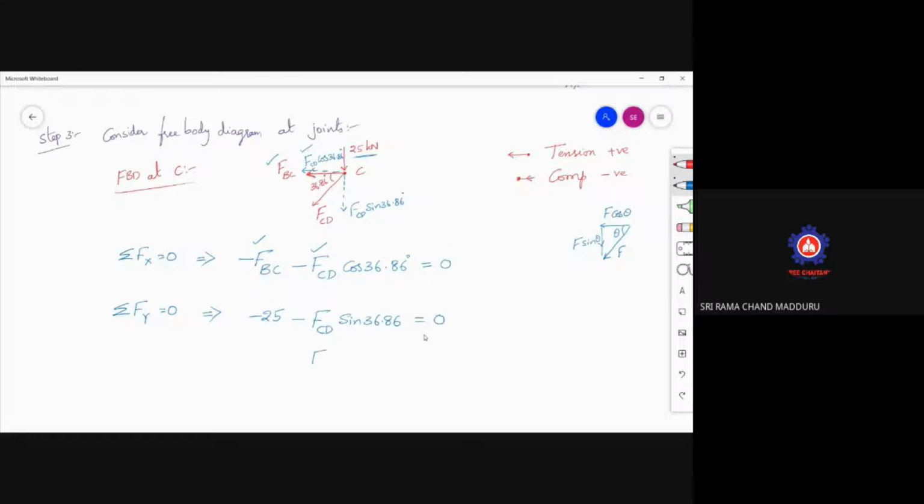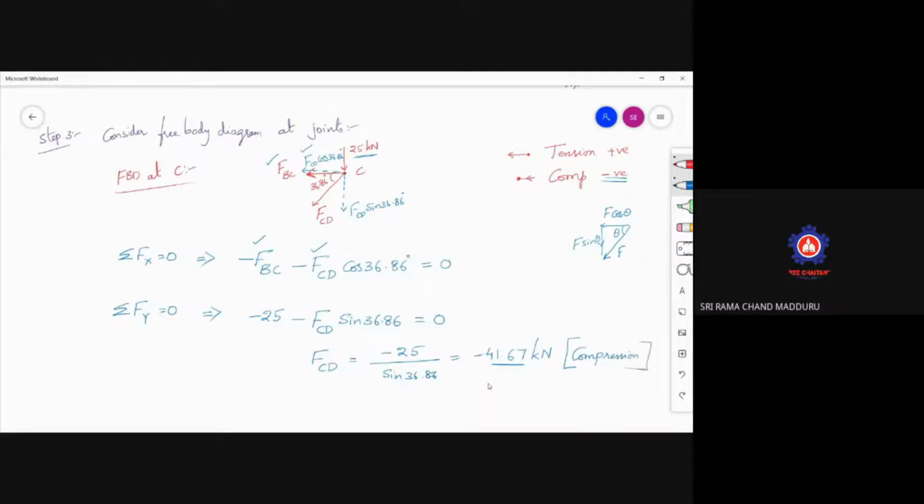So FCD is equal to minus 25 by sine 36.86, which is minus 41.67. It doesn't have any meaning if you don't provide units: kilonewtons. Now you should understand that 41.67 is the magnitude, and the minus sign is the nature of the force. We are considering negative as compression, so this will be considered as compression.